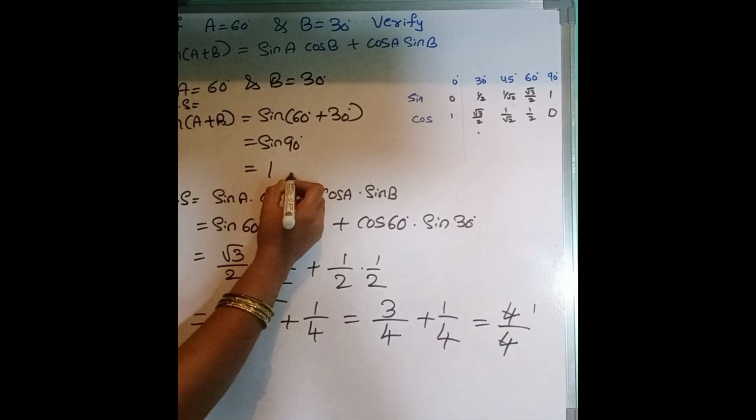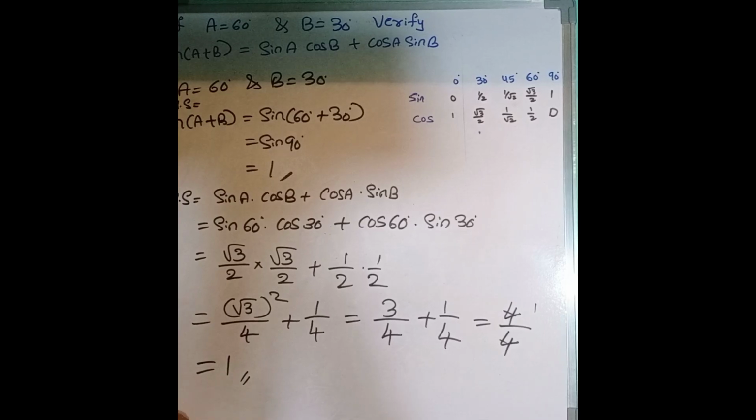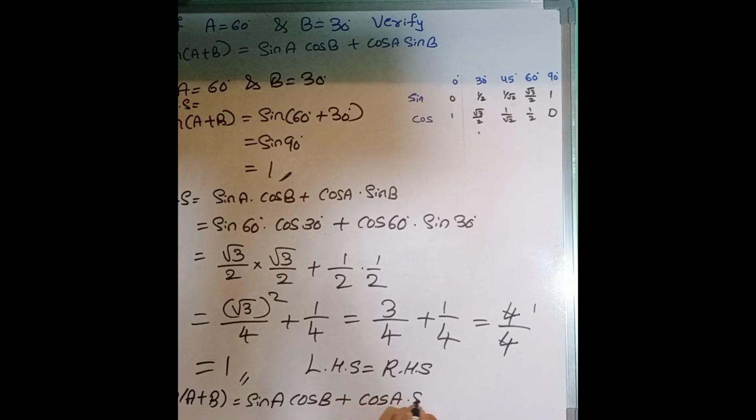LHS is also 1, RHS also 1. That means LHS is equal to RHS. Sin of (A plus B) is equal to sin A into cos B plus cos A into sin B.